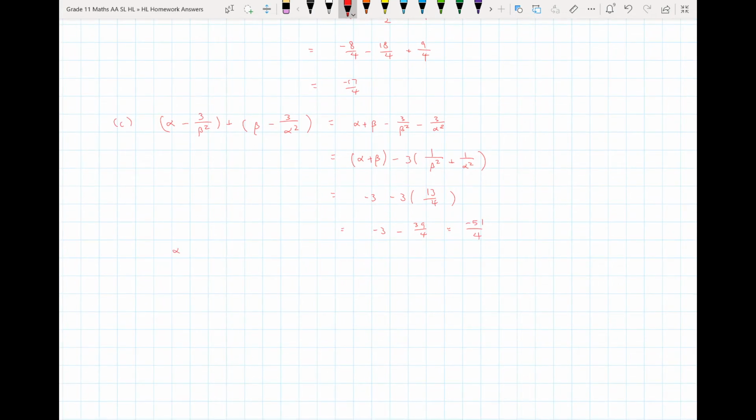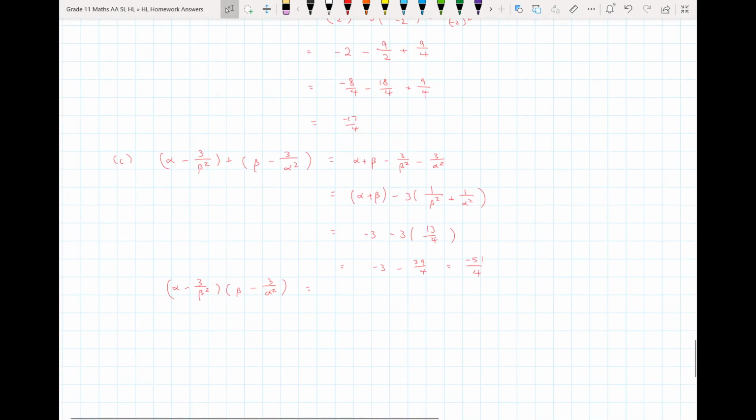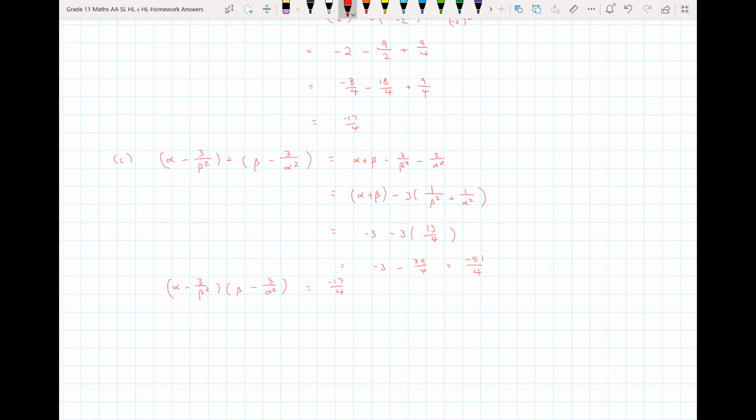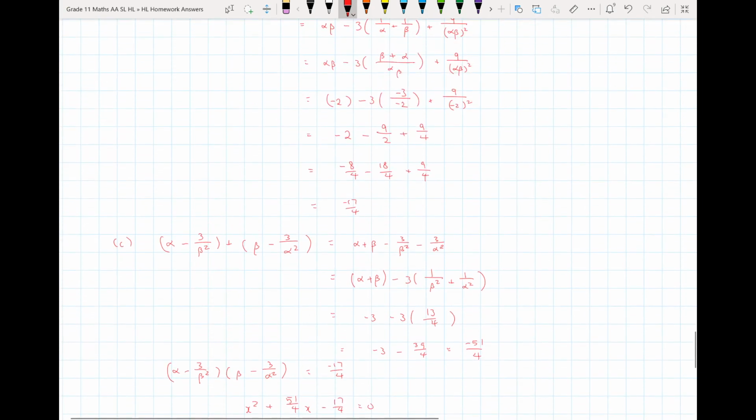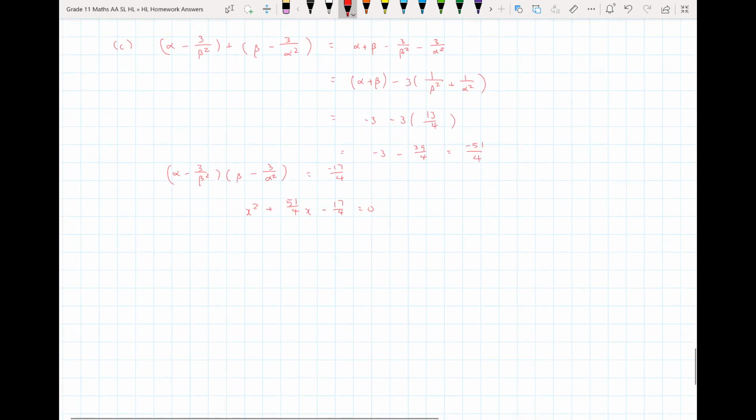And then for the product, that one is exactly the same. Okay, this is exactly the same as the last part in the previous. So now we can construct an equation as well as an integer coefficient one. So times everything by 4. And there you go. Hope you enjoy that.